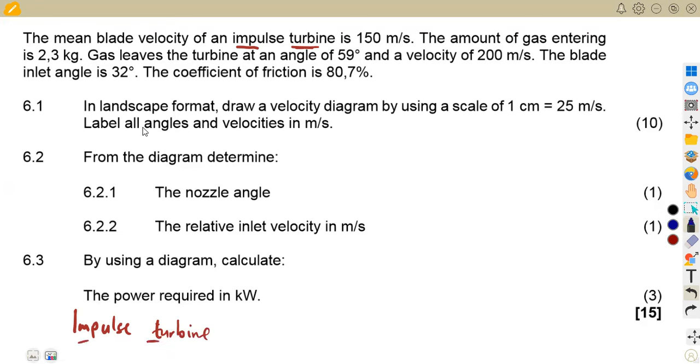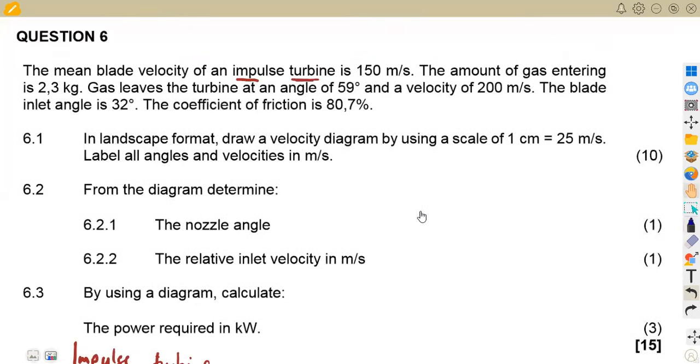So when you are referring to an impulse turbine, we are not going to have the same length like what we have on a reaction turbine. An impulse turbine is the one that has got axial velocity.